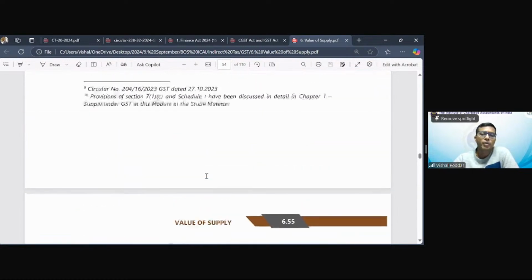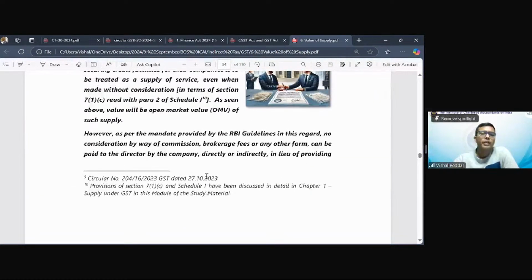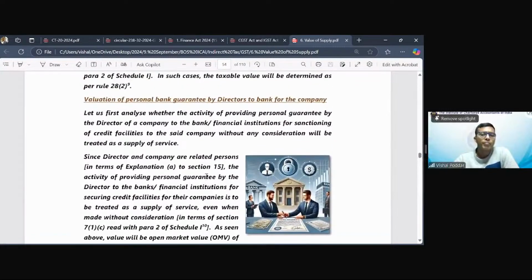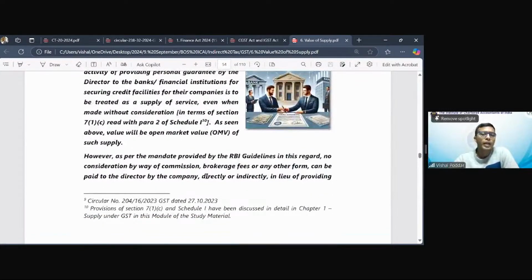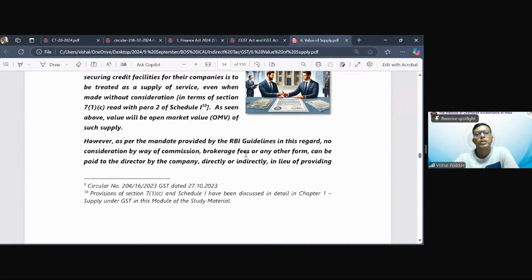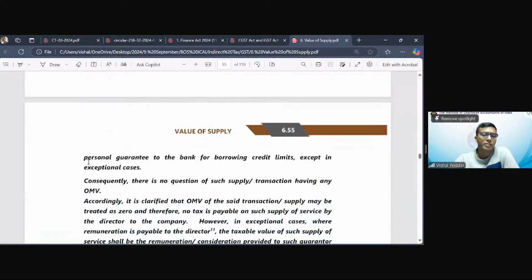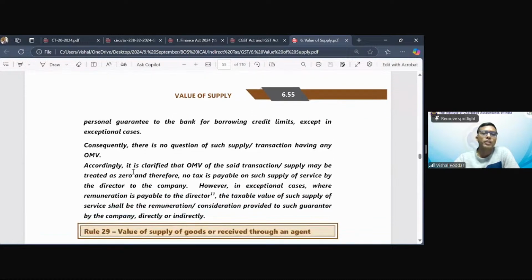Now, this is an interesting point, relating to where the directors are giving guarantee. You should know that there is an RBI guideline which says that directors cannot charge a consideration legally. Now, where the director cannot charge a consideration except in some exceptional cases, then obviously there is no question of open market value, because they cannot charge consideration.